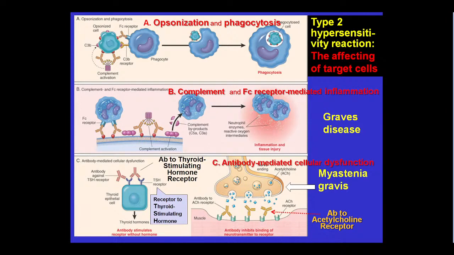Usually, if a nerve impulse comes to this ending of the nerve, from the vesicles of the nerve acetylcholine is released, and acetylcholine comes to the surface of the muscle cell, binds to the acetylcholine receptor, and causes contraction of the muscle cell. In myasthenia gravis, in patients autoantibodies are synthesized that specifically react to the acetylcholine receptors.